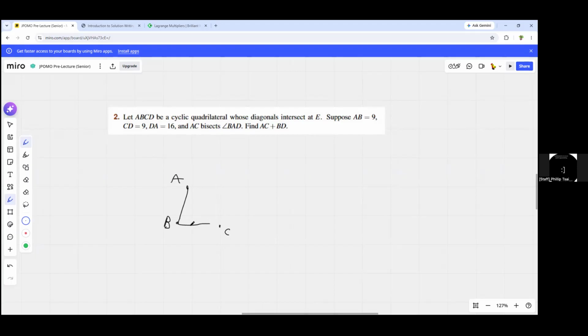Does anybody have any thoughts on how to approach this problem while I'm drawing the figure?